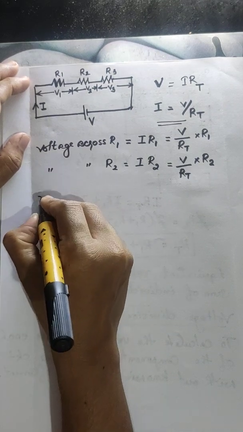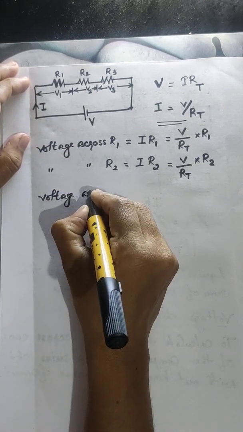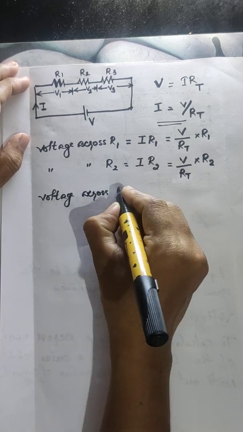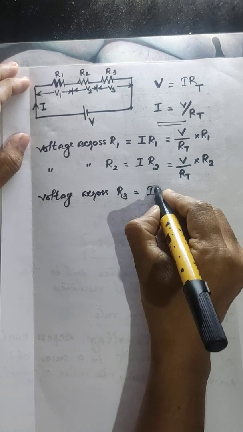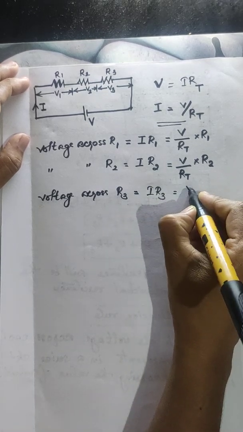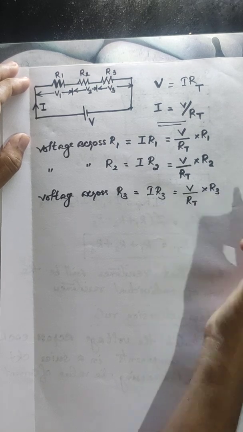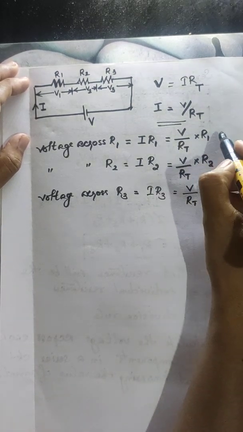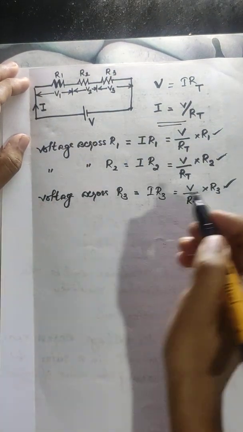And then voltage across R3 will be equal to I into R3. I is again V by RT into R3. So these are the equations for the voltage across each of the individual resistors.